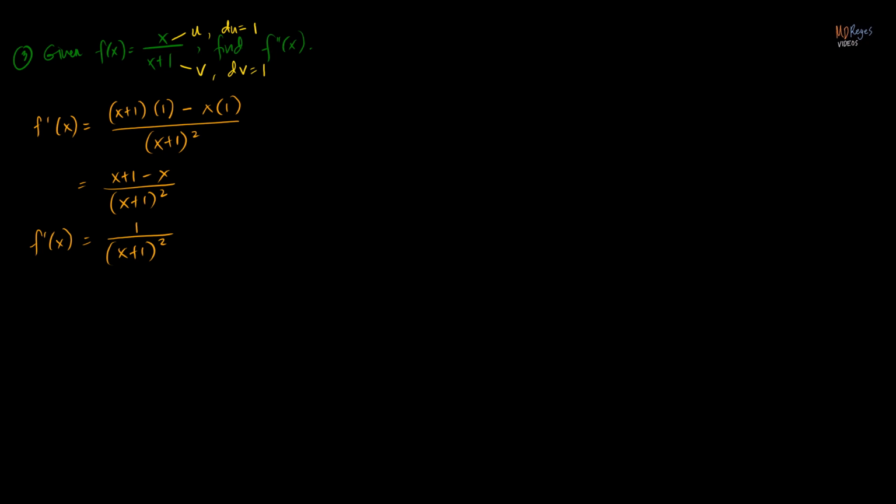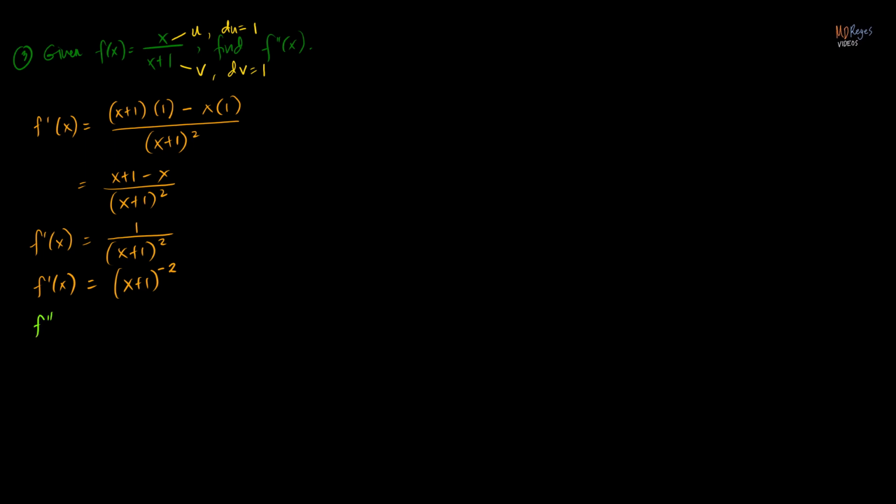Okay, to differentiate f prime so that we'll get f double prime of x, we can just simply write f prime of x as x plus 1 raised to -2. So we'll not use the quotient rule anymore to differentiate f prime. To get f double prime, we'll just need the generalized power rule.